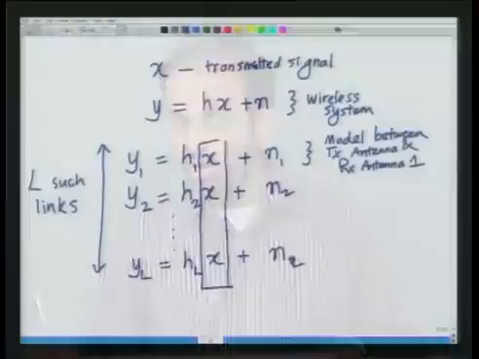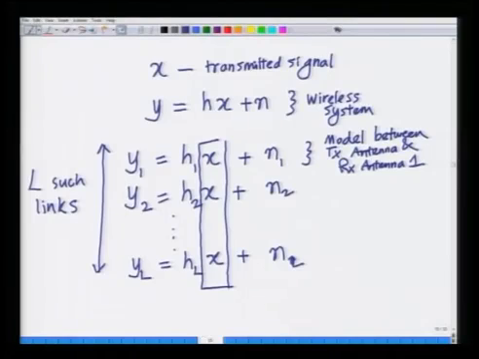All right. Now, I will do a slight mathematical manipulation here. What I am going to do from now on is, instead of considering this as L separate system models or L separate equations, I will use vector notation so that I can succinctly represent this. What am I going to do?